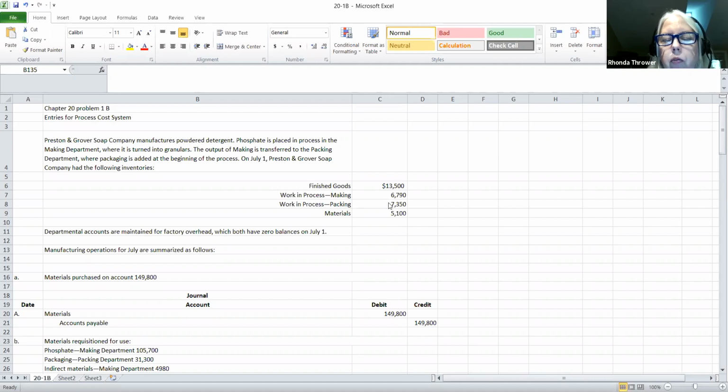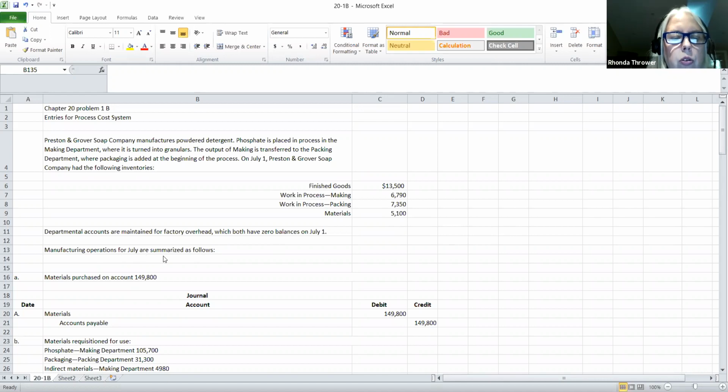These were beginning inventory amounts for the work in process. We also had some beginning inventory for materials. Later on, I'm going to show you the ledger accounts, which I put on the spreadsheet as T accounts, and I entered those balances in. I'll show you that in just a little bit. But all of these accounts had some beginning balances to start with.